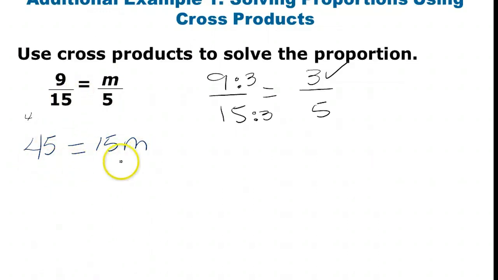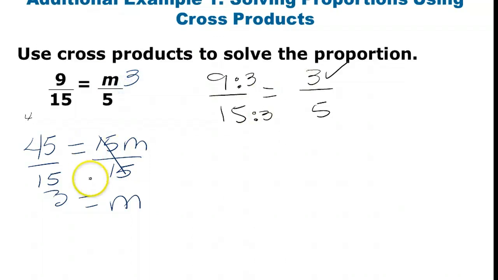So now I set up an equation and solve for M, and I divide by 15. So 15 cancels, and 45 divided by 15 is 3. And if I plug 3 in here again, same answer, I get 45 and 45. So two ways we can do it: by using the cross product, or by seeing how we could reduce this. What value are we missing, since this one right here was reduced?